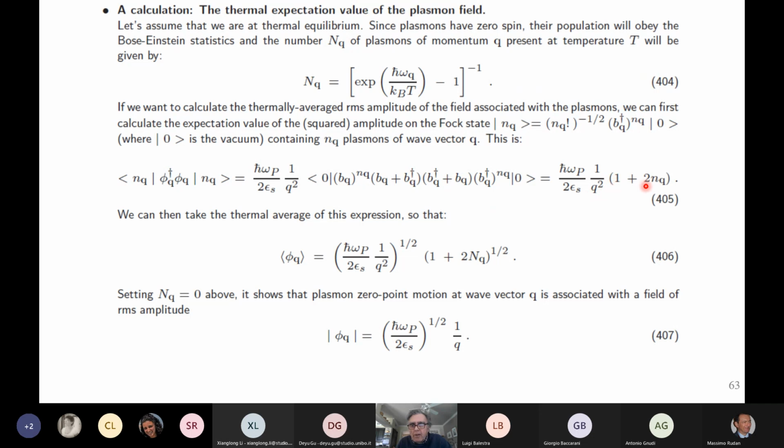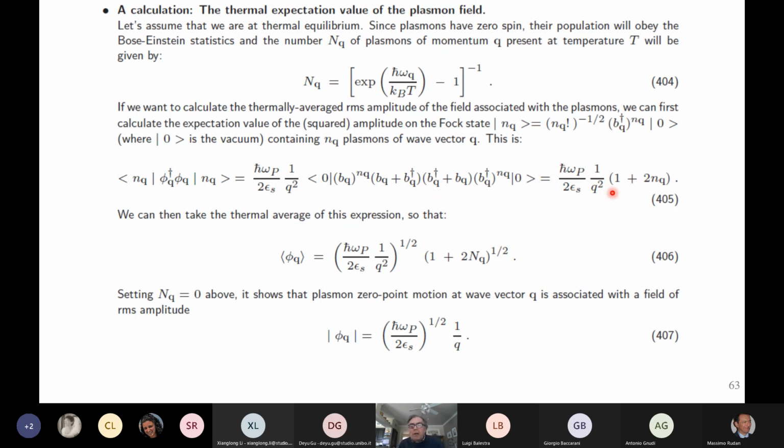So I have 1 plus twice the expectation value of the number operator, B dagger B, which is n sub Q. So the mean square, the expectation value of the square potential on a state in which I have n_Q plasmons, is given by this expression, h bar omega p divided by 2, the electric constant, Q squared.